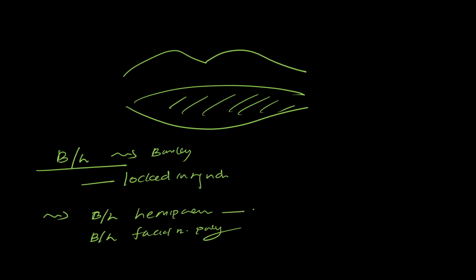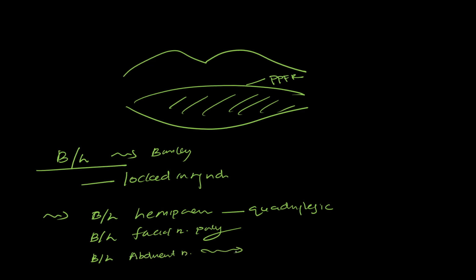So quadriplegic facial nerve palsy, and also since the PPRF as well as the sixth cranial nerve is also involved in such lesions, you would see bilateral abducent nerve palsy.